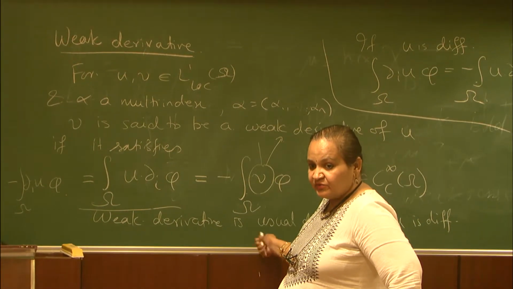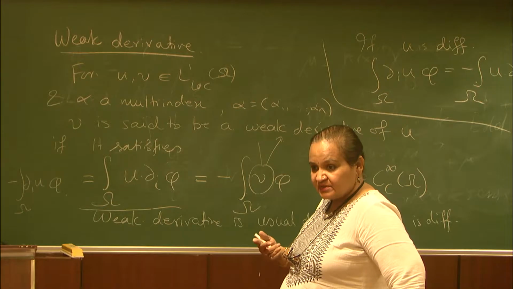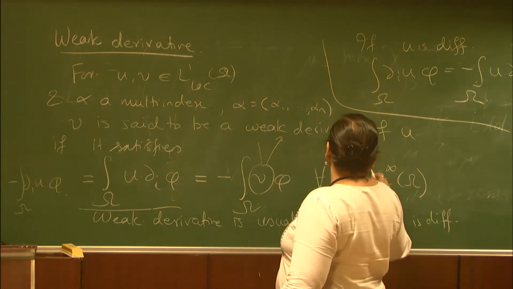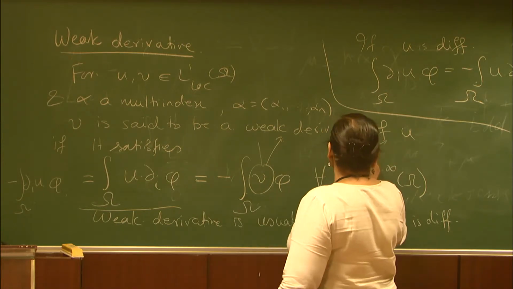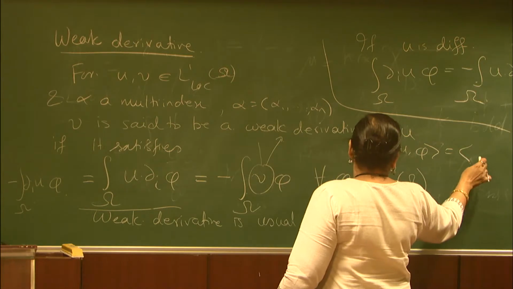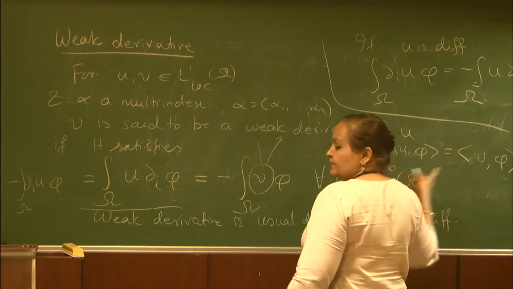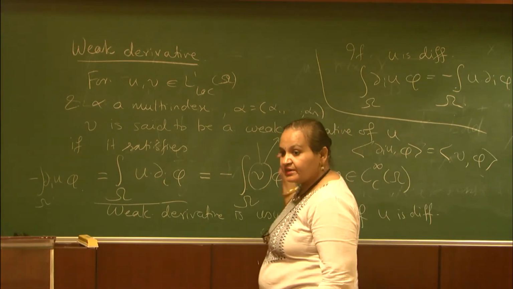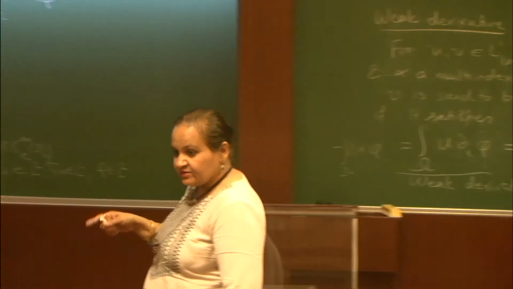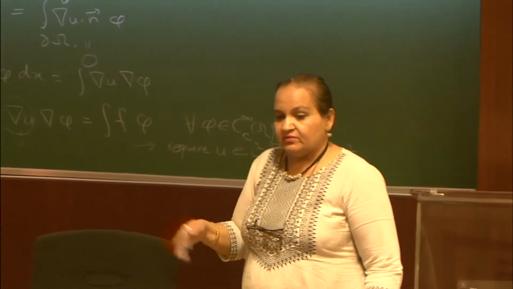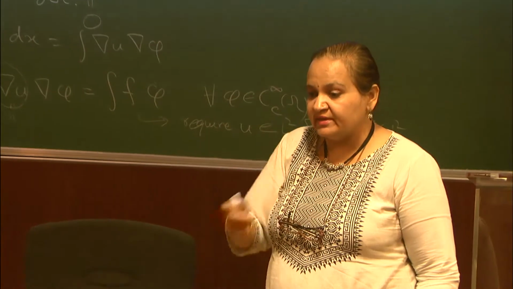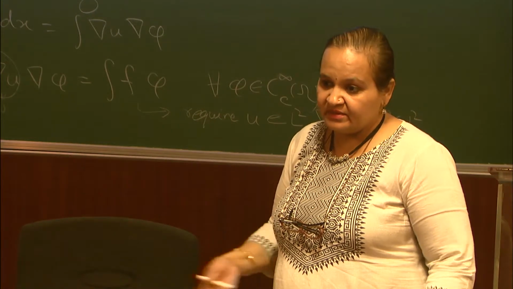Is it clear? You have to do it in 2 steps. First of all, this is true for test functions, which is just di u minus v against phi being equal to 0 in your L2 inner product. It is easier always when you think of it as an inner product, and it is over a dense set. So hence they will be equal if di of u is the actual derivative. There is no escape.